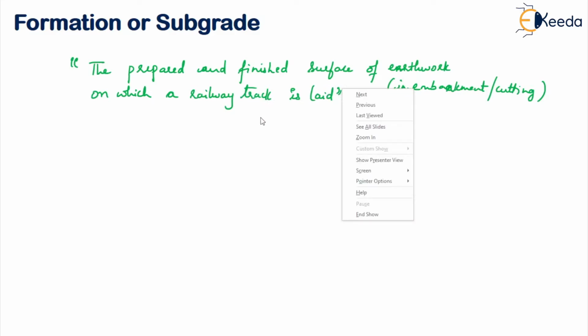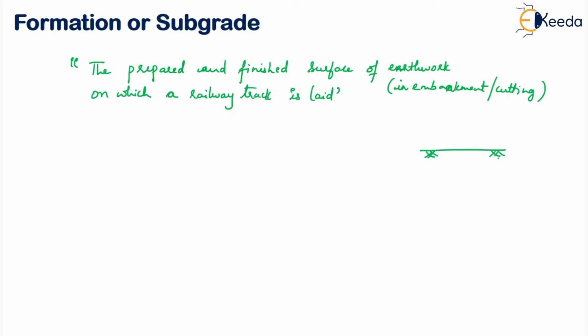Your formation or your subgrade. So the formation or subgrade of a track may be constructed in embankment, cutting, or at the existing ground level. Suppose this is your ground level. You can have the formation exactly at your ground level, or you can have an embankment like this, or you can have a cutting like this.